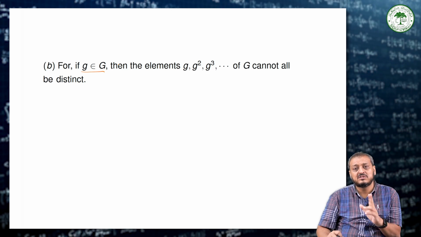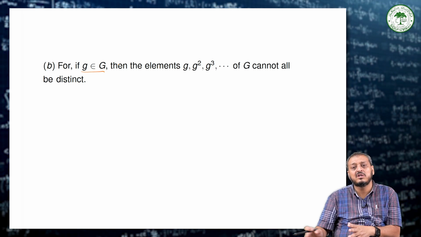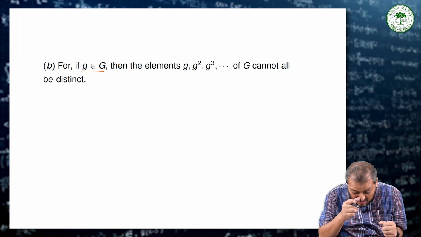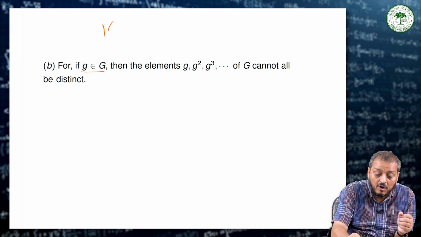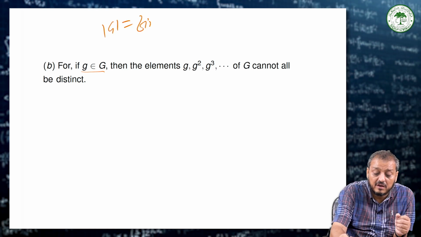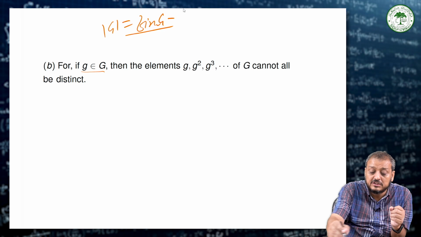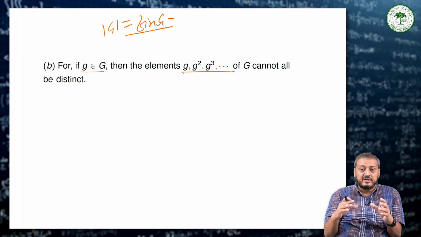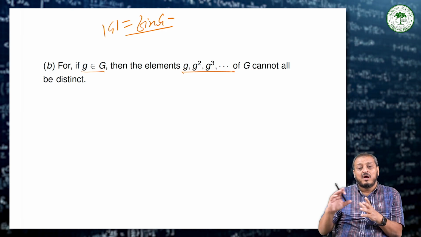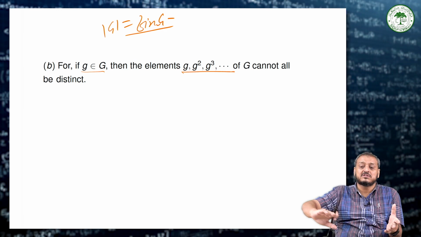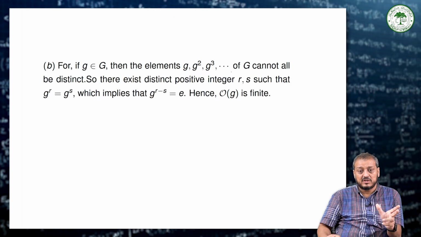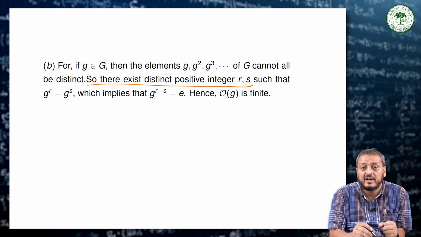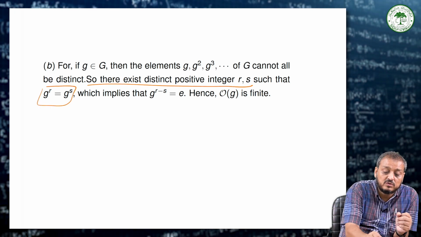If it is closed, then g squared, g cubed, all the powers of g are elements of G. But because the group is finite, the powers cannot all be distinct. At least somewhere two of them are the same. So there exist positive integers r and s such that g to the power r is equal to g to the power s.